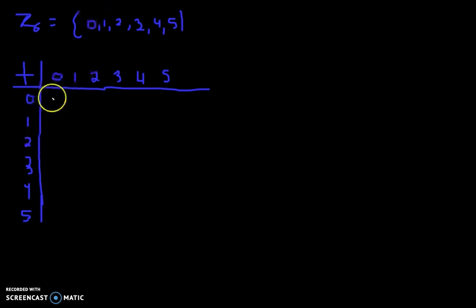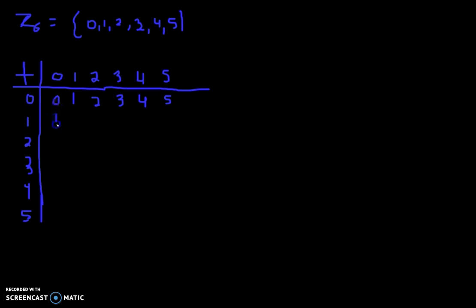So starting with 0, we're going to get 0 plus 0 is 0, 0 plus 1 is 1, 0 plus 2 is 2, 0 plus 3 is 3, 0 plus 4 is 4, and 0 plus 5 is 5.